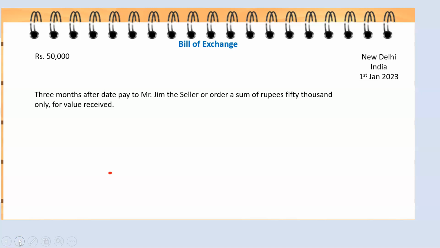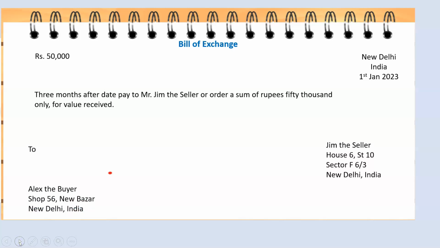He then writes his name and address and also the name of the drawee, which is Alex the buyer. He then stamps and signs it. The bill has no legal acceptance at this stage unless it is accepted by the drawee by putting his signature and the date. Now the bill of exchange has legally been created.